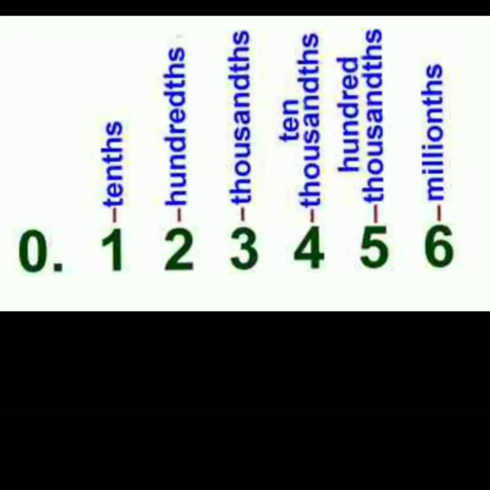So what are the place values called? When the place value is after the decimal, they are tenths, hundredths, thousandths, ten-thousandths, hundred-thousandths and millionths. These are the place values of the decimals.